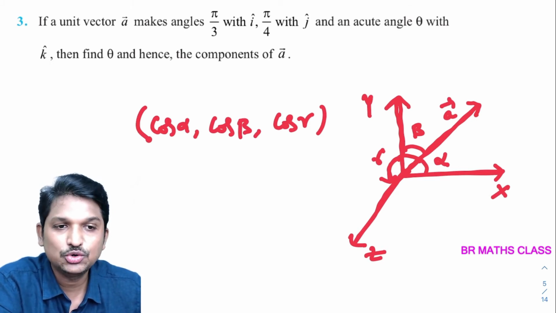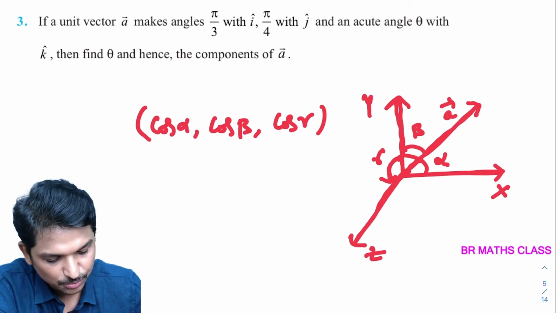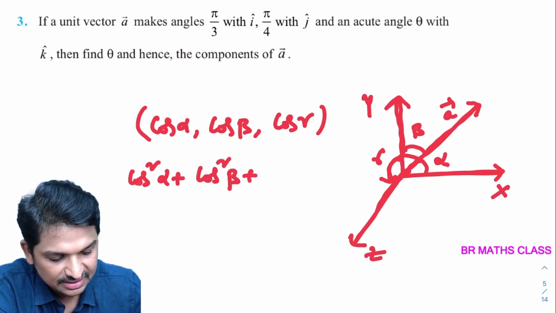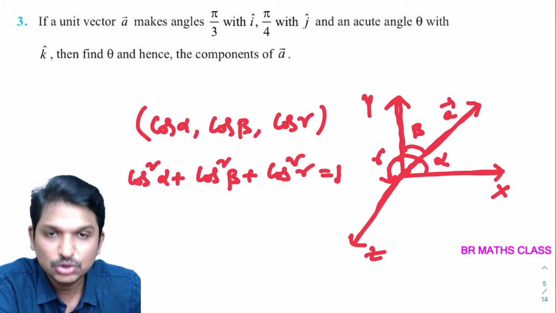While learning direction cosines of a vector, we learned this point also: cos square alpha plus cos square beta plus cos square gamma equals 1.